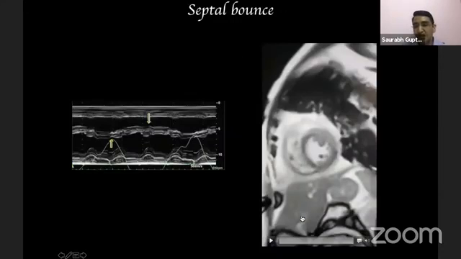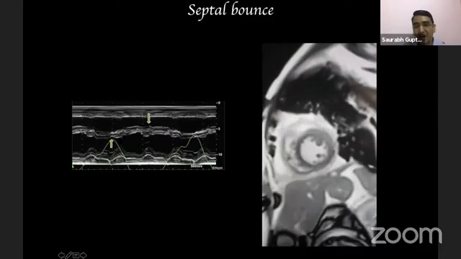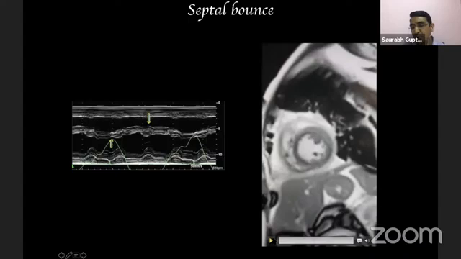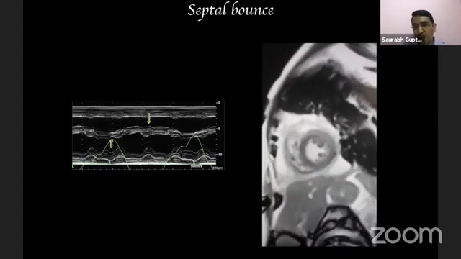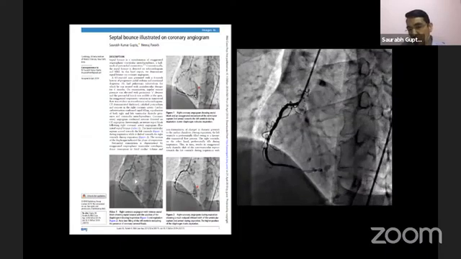Now this is septal bounce, a very famous constrictive physiology sign. As you can see over here, this is the respiratory variation, which is pushing the septum towards the left ventricle. And there are different modalities in which you can see it. If you are observant enough, you can even see it on coronary angiogram, as I saw in one of the patients.